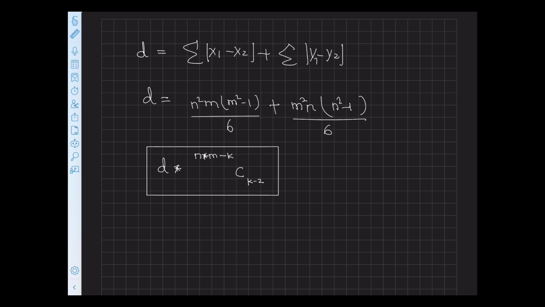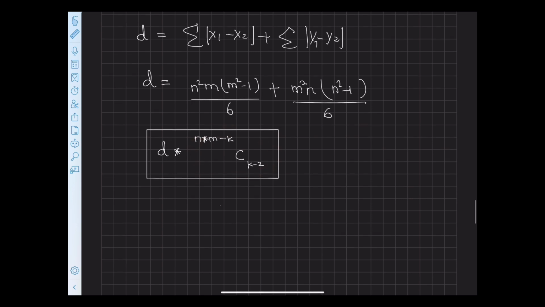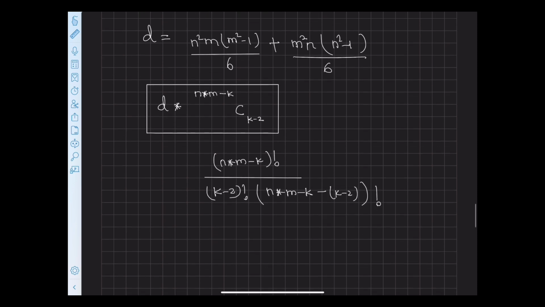Now, finding this thing in code could be a little bit trickier because what is this? What is the formula for the combinatorics? The formula for the combinatorics is n multiplied with m, minus k factorial, divided by k minus 2 factorial multiplied with n minus m minus k minus k minus 2 factorial, right?